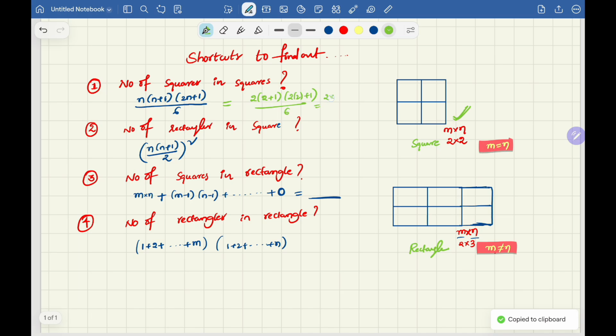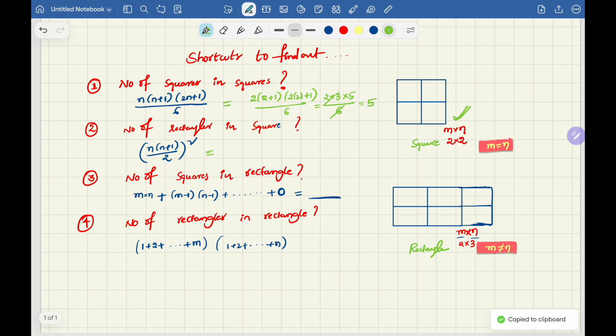So 2 into 3 into 5 by 6. 6 cancels, total 5. 5 squares are there in this square. Can we count it? 1, 2, 3, 4, and this overall one also is 1 square. Total 5. So you got it, right? How easy this question is? Yeah.